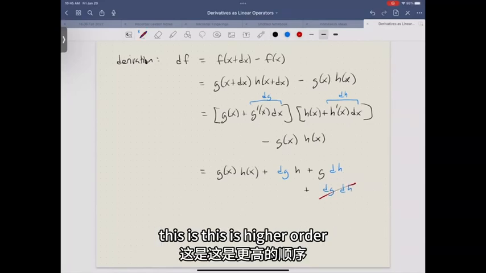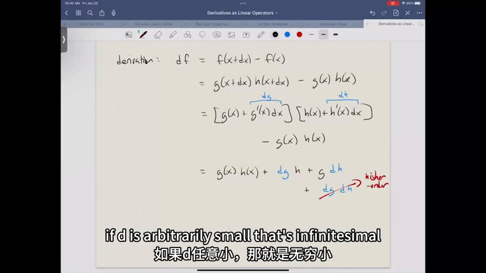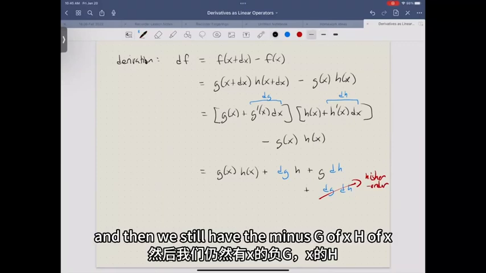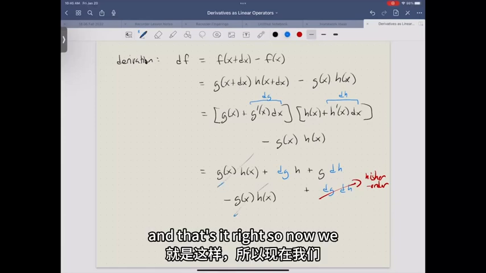This is higher order. So that's gone. If d is arbitrarily small, that's infinitesimal, and then we still have the minus g(x)h(x) term here, and that's it, right?